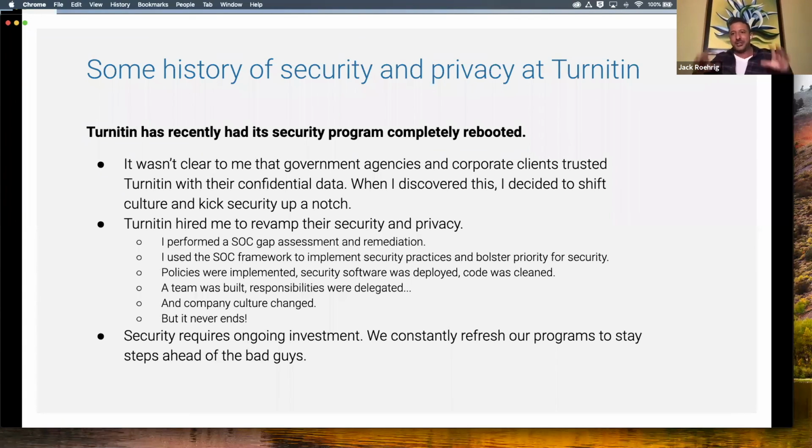I wanted to use it as a way to bootstrap the security program. So we built a team, we delegated responsibilities, we changed the culture, and we are still doing it. I'm doing a remediation assessment right now for new SOC controls. I've been doing it for about 3-4 months, since the shelter in place started.